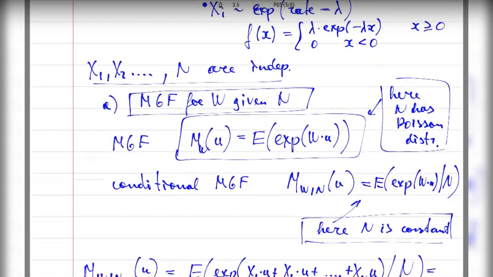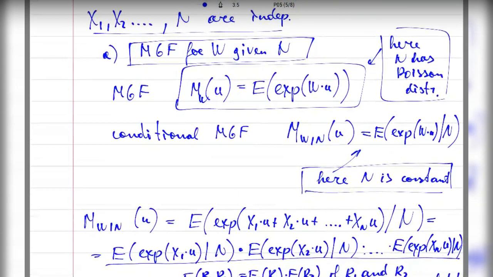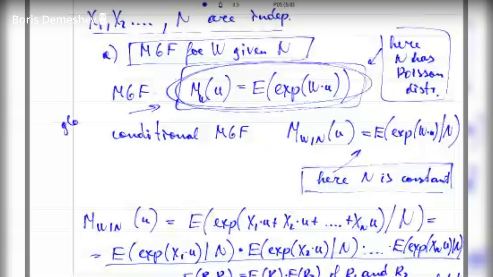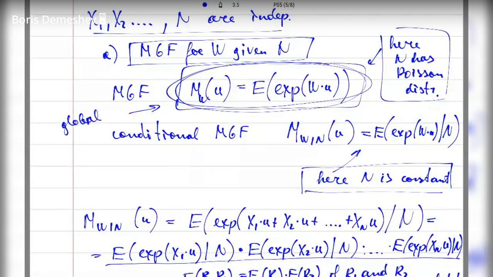The global question is to calculate this. The global question is to calculate the unconditional ordinary moment generating function, but it's a little bit hard. So that's the global target, a final target. We need to calculate the unconditional moment generating function.